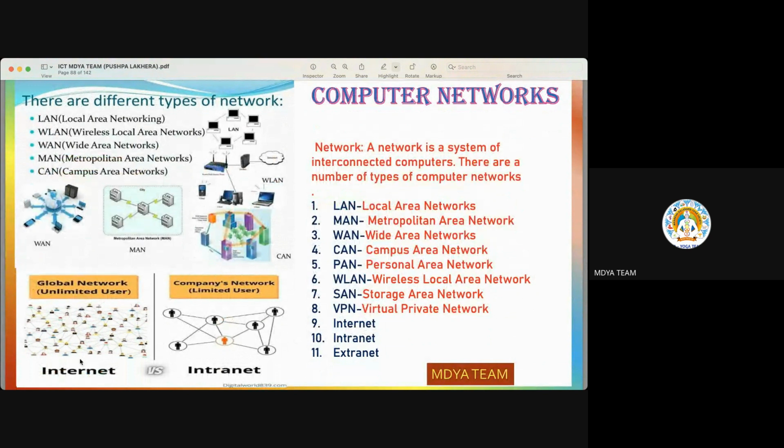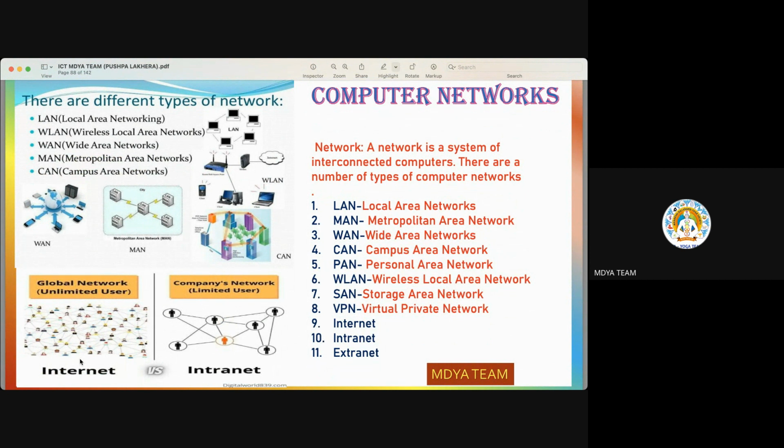And then internet, intranet, and extranet. So what is internet? Internet is an open system that links existing networks into the worldwide network. Everyone can access that network.